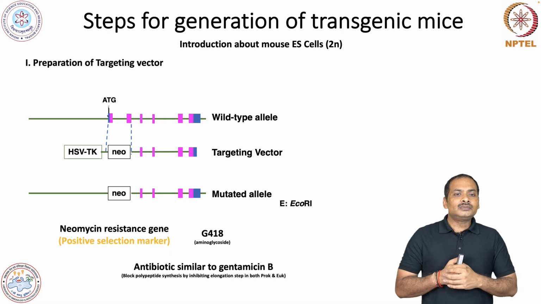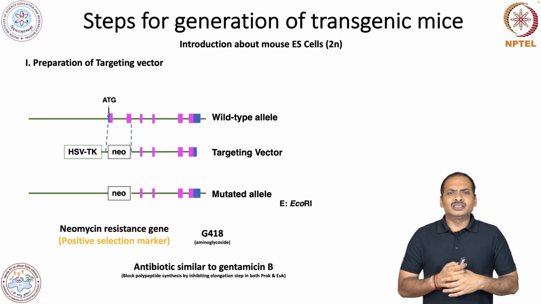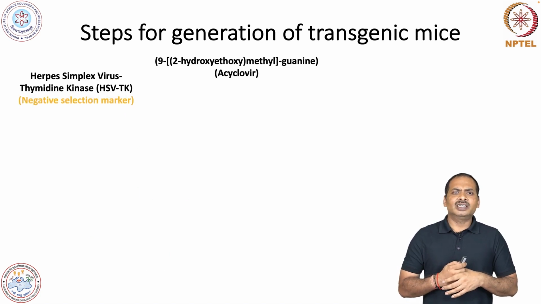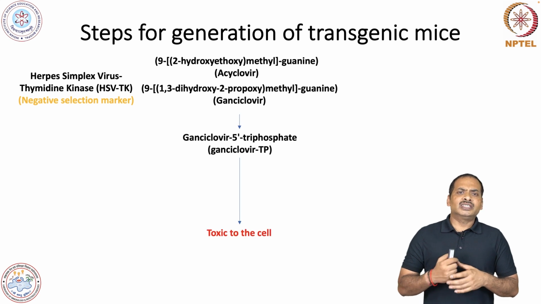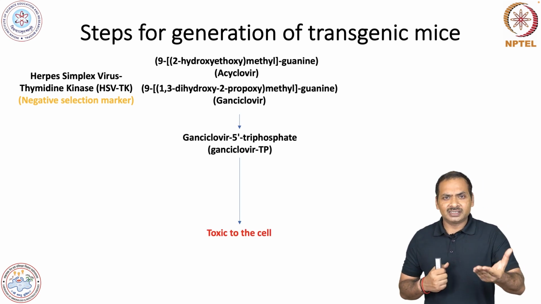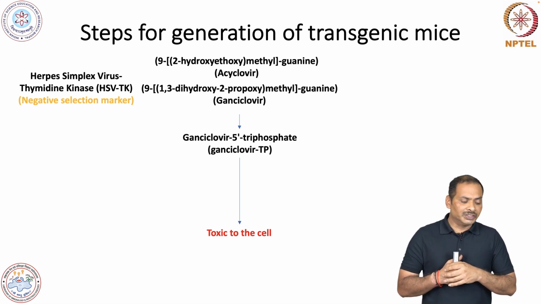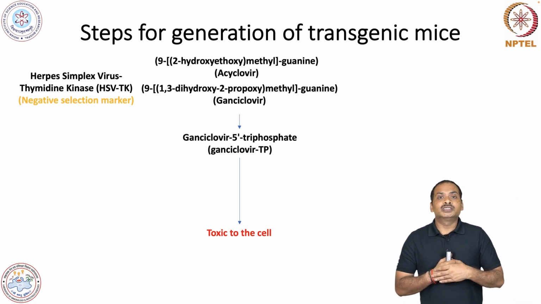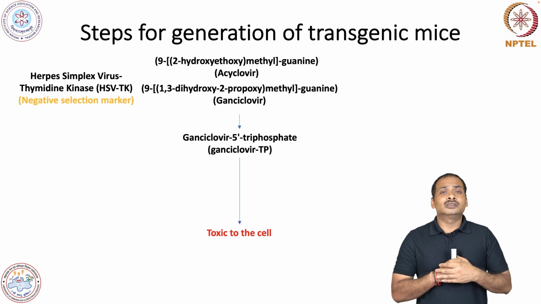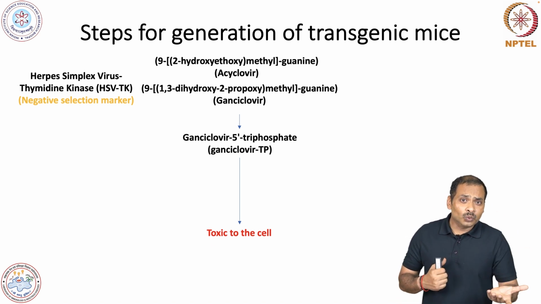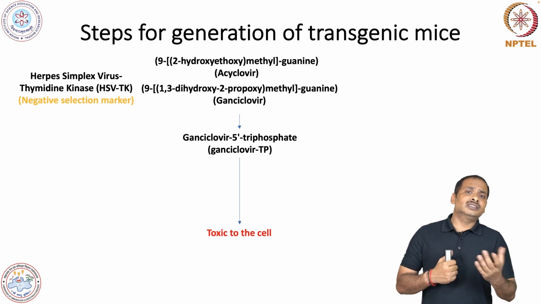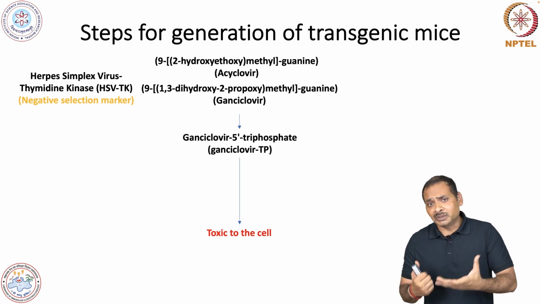Okay. So, once you make this kind of targeting vector, after that you need to incorporate it in the embryonic stem cell. There are several ways by which you can do this incorporation. One is the chemical way, and another is the electrochemical way.